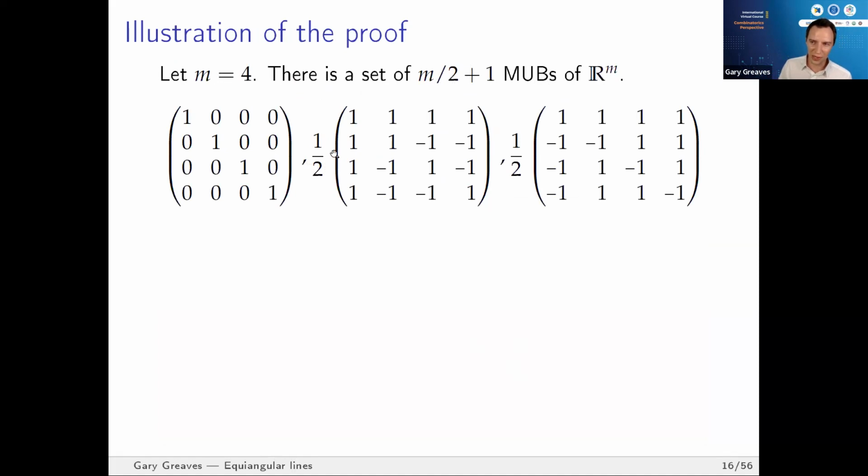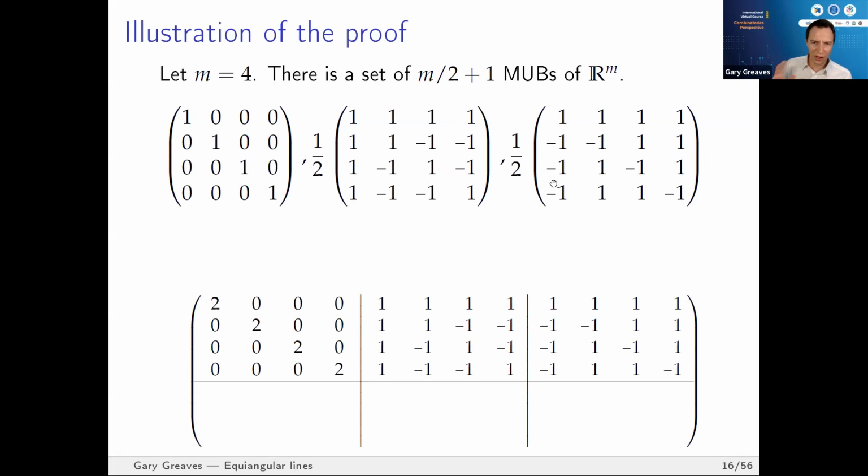That's why the power of 4 thing is quite important here. So in particular, it works when m is 4, but if m is 4 to the t, we still have this many mutually unbiased bases in R to the m. And so when m is 4, then m over 2 plus 1 is 3. And so these are our 3 mutually unbiased bases here. This is what I showed you on the previous slide. So again, you can check this is a set of mutually unbiased bases.